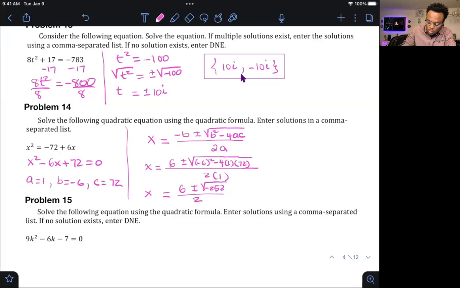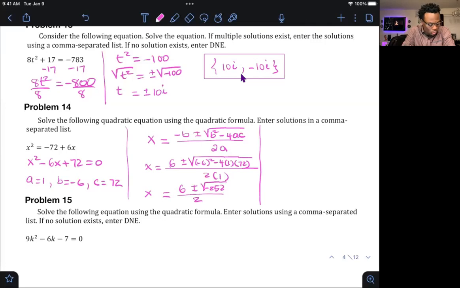Now we want to simplify to see if the expression inside of the radical can be simplified, but we want to make sure that we use the imaginary property, so we can find the i value, because you cannot solve a radical with a square root with a negative sign inside of it if you don't use the imaginary property.